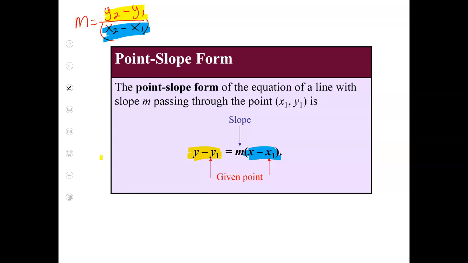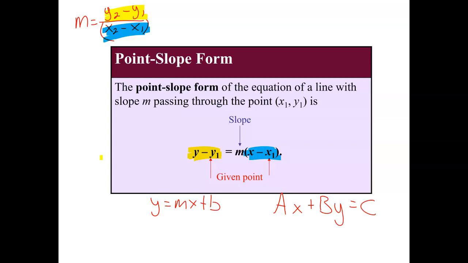We use point-slope form to find that equation. Now with point-slope form, usually from there we write it in one of two forms. We'll either write it in slope-intercept form or we're going to write it in standard form. Rarely do we leave it in point-slope form. This is just kind of a tool that gets us to either slope-intercept or to standard.